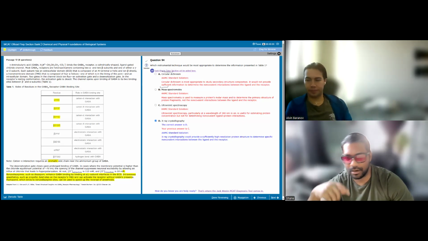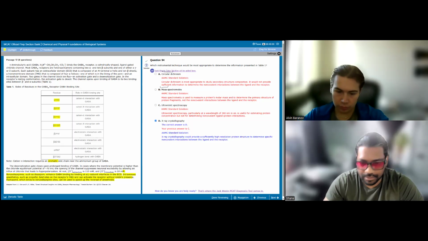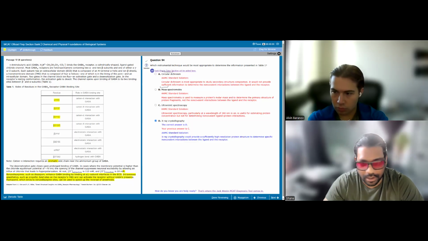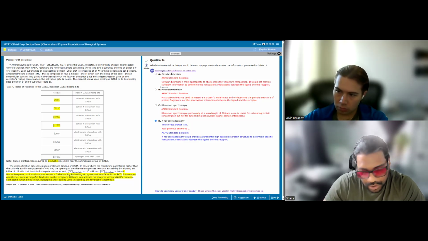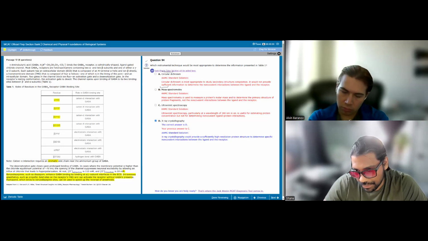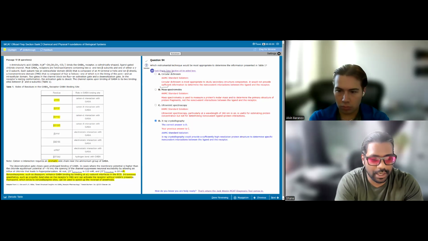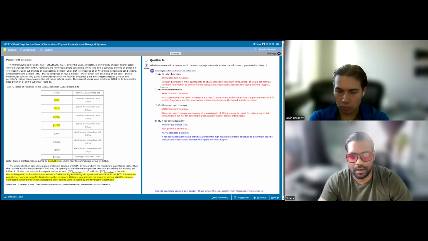So if you're making an Anki card, that could be something that you can add. And since we're looking for a tertiary structure, which is a 3D structure, then it would make sense to use X-ray crystallography.